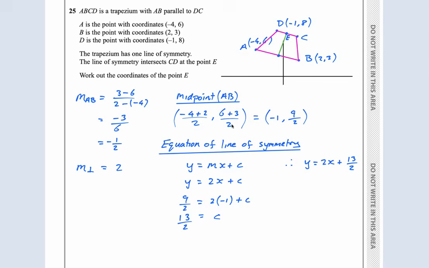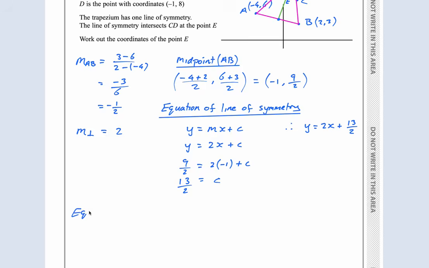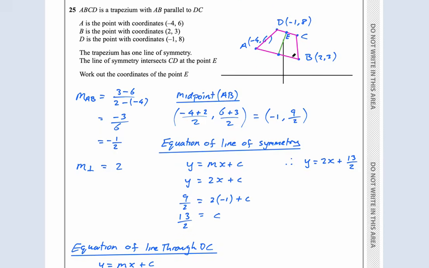Now, the equation of DC is, let me write it here, guys. Equation of the line through DC. So same thing, y equals mx plus c. My m is minus a half because this line DC is parallel to AB.